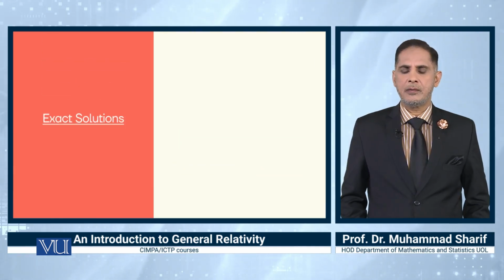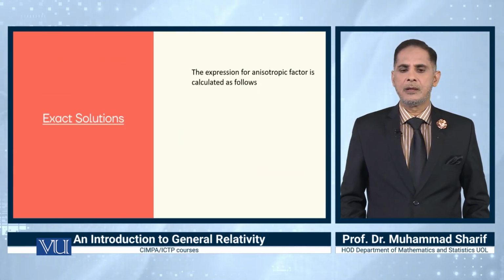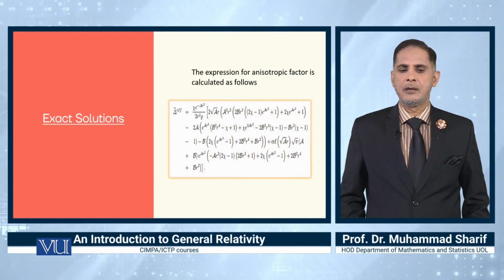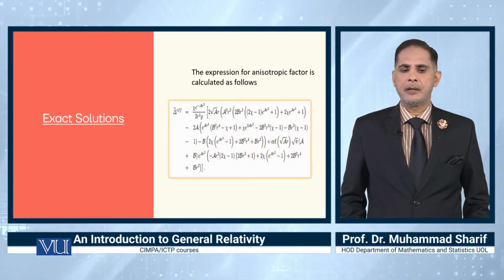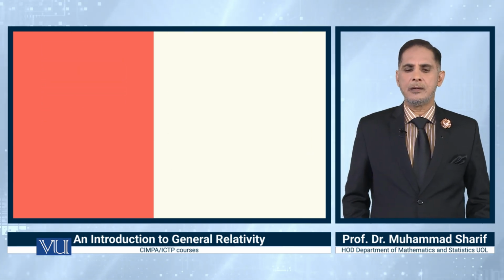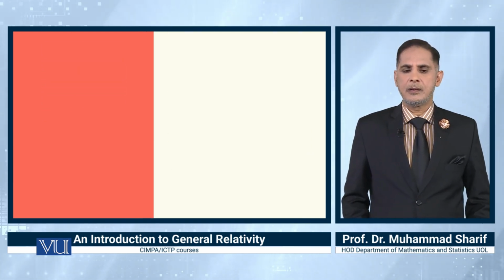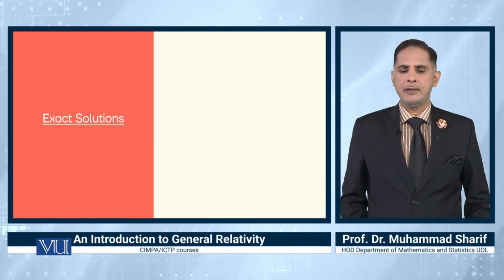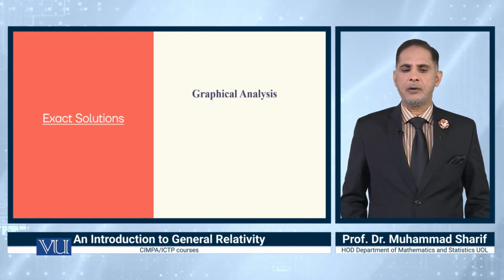These are in fact for the second constraint, and you can see that again these are very complicated. We cannot have any insights unless we have graphical analysis.